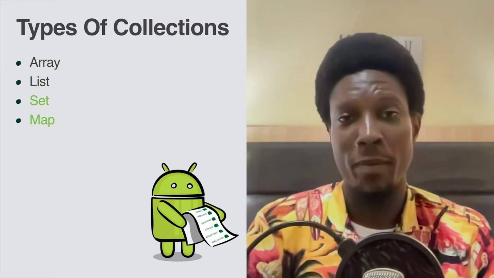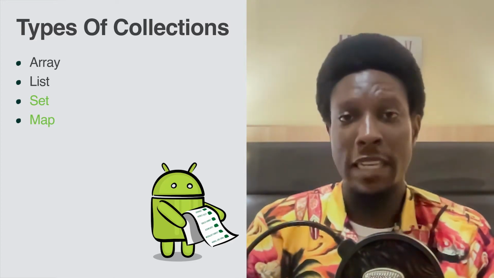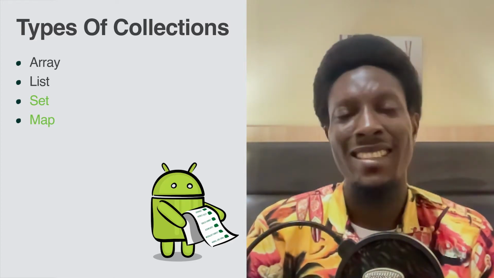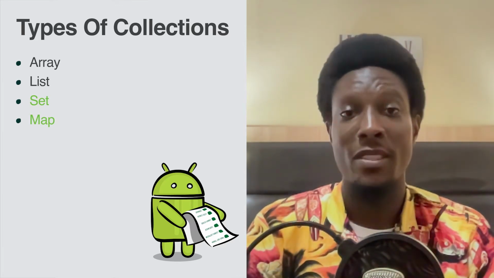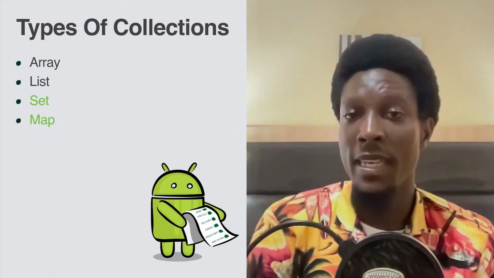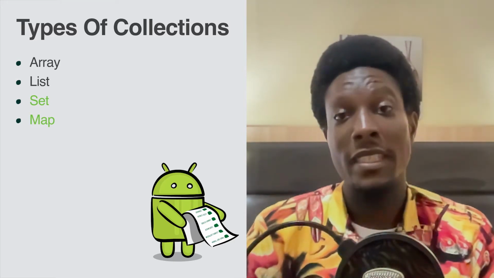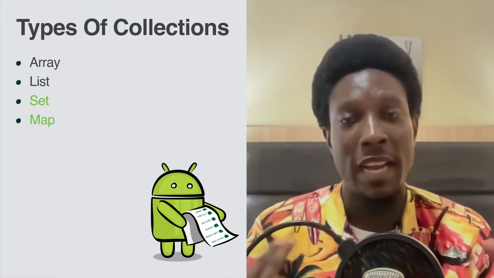The two more complex collections of values are sets and maps. Sets are used to store data which is unique and cannot have duplicates, and map defines key value pairs just like words in a dictionary. Each word has a definition and a meaning or translation. The definition is the key and the meaning or translation are values.